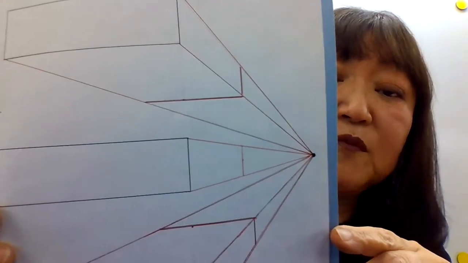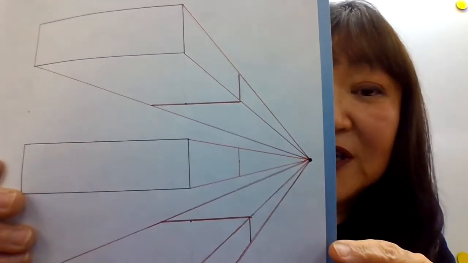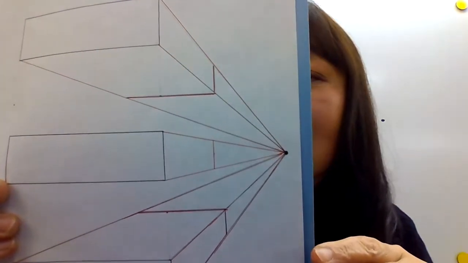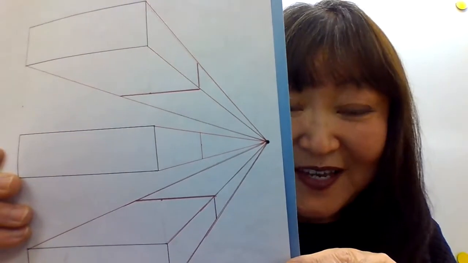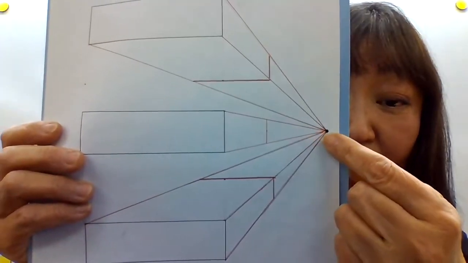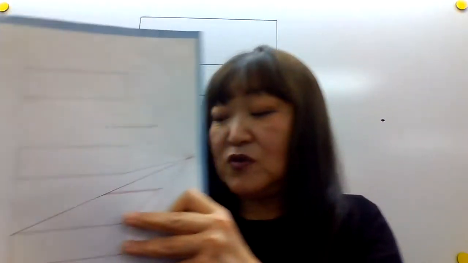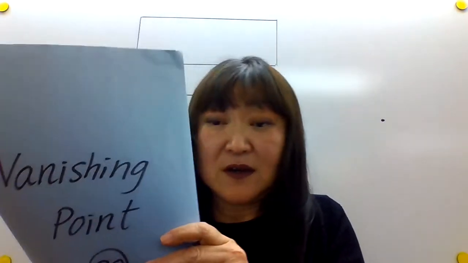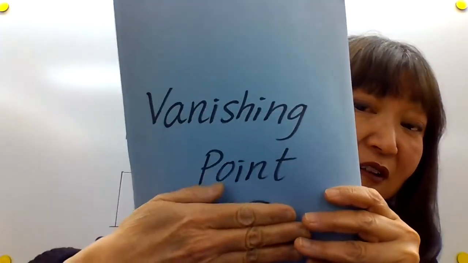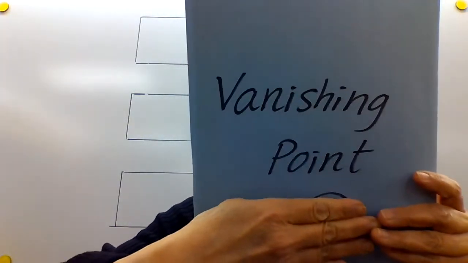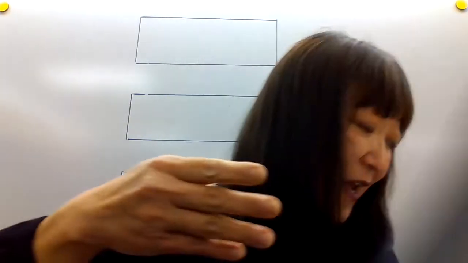Okay, and this dot right here is the most important part of this drawing. It actually has a name. It is called vanishing point, because everything vanishes into that one point. So I need you to memorize that word. Okay, here we go. Vanishing point. Okay, memorize that.